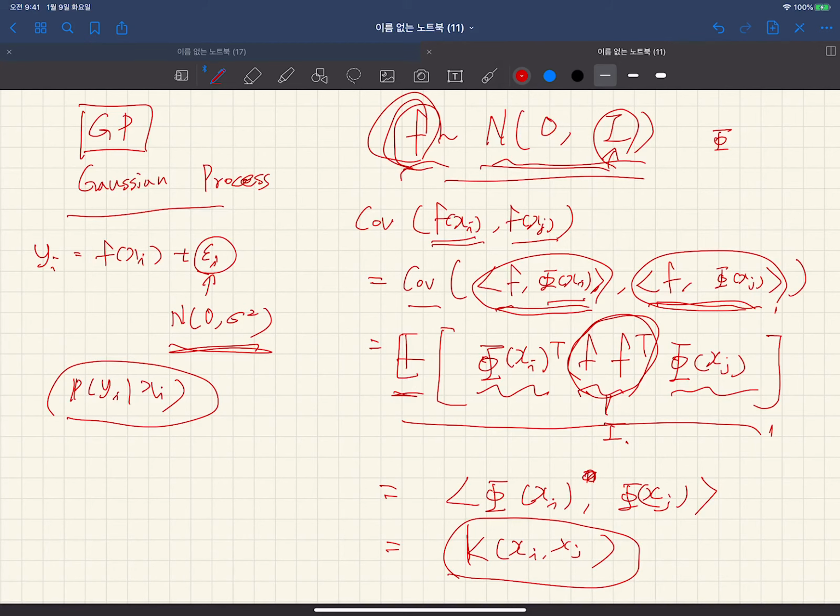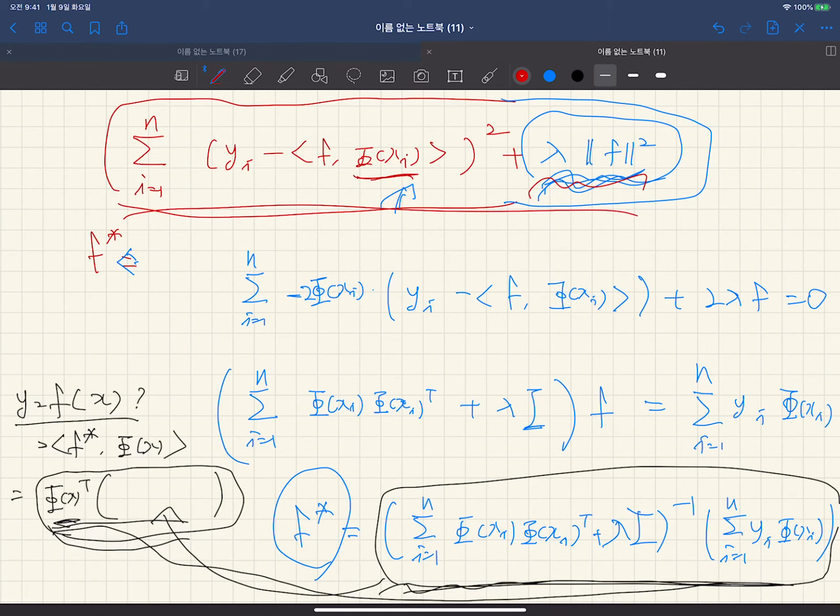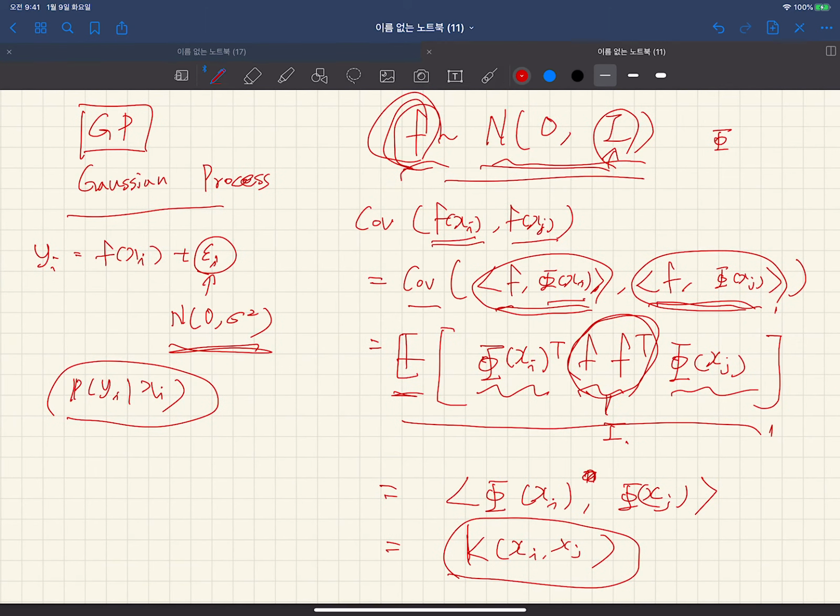Then in the end, you have the same cost function like this, and you have almost the same solution with GP. So GP is another explanation of the ridge kernel method, and the ridge method is another explanation of the Gaussian process.